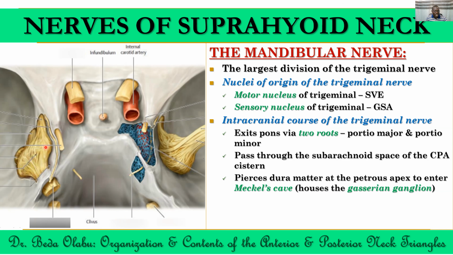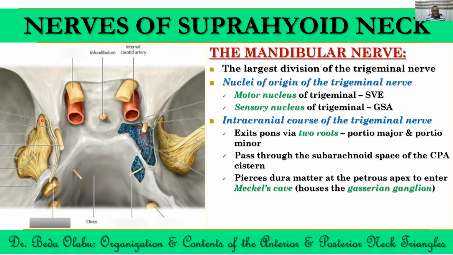Within this cave, we have the trigeminal ganglion, which is also known as the Gasserian ganglion. This ganglion is just inferolateral to the cavernous sinus. As you can see, this is the cavernous sinus. The ganglion itself is not within the cavernous sinus, but some branches from the ganglion will pass through the cavernous sinus.